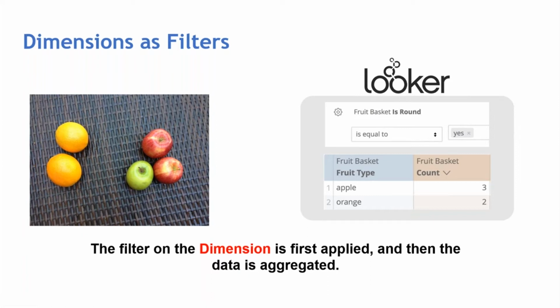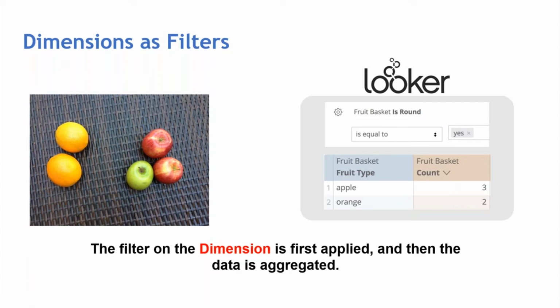Since it's a logical column, it will only have data as yes or no. When you apply the filter and run the query, it will give you only two outputs since apple and orange are the only ones tagged as yes. And the total count will come out as 3 and 2 for apple and orange.